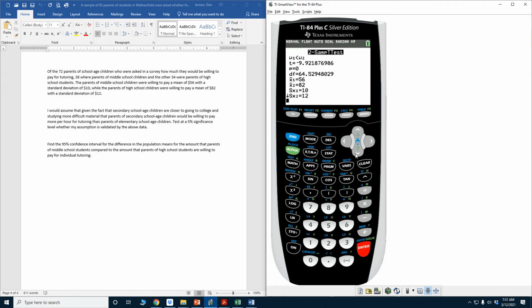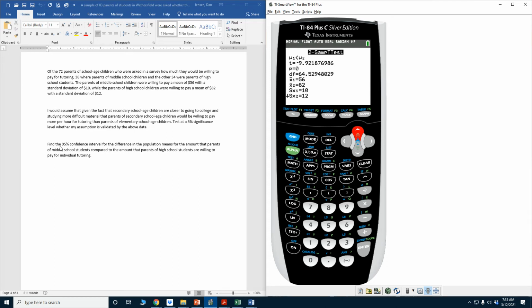There's more information down below, which is simply just the calculator repeating back my x1, x2, Sx1, and so on. So I can conclude that P is 0.000, and that there is a difference in the amount that parents are willing to pay. So there's the hypothesis test.